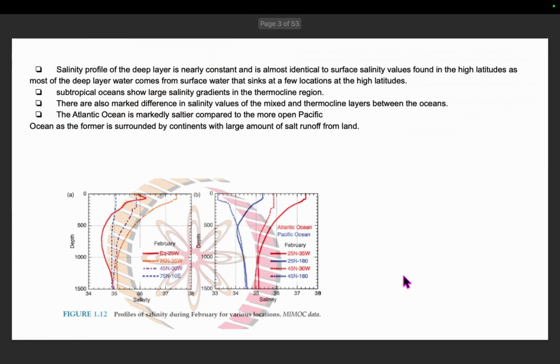Okay. Now, here the salinity profile during the month of February for various locations has been seen with the MIMOC data.